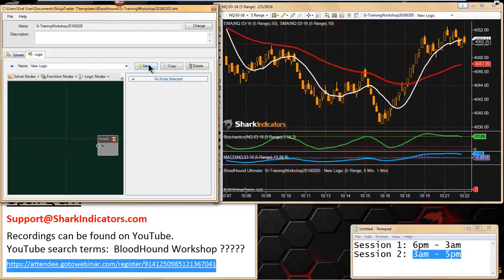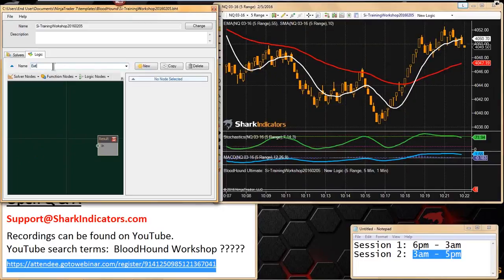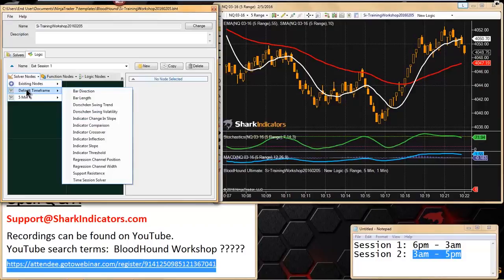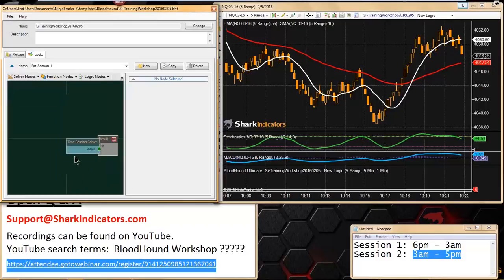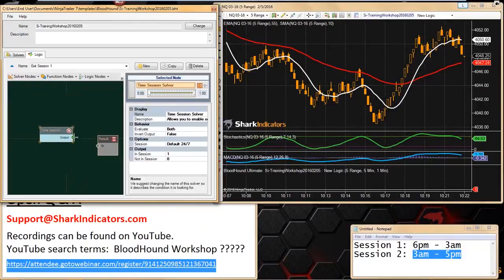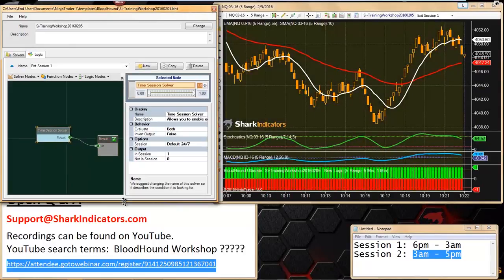Okay, so we'll create a new logic template here. I'm going to try and figure out how to exit session 1 here. All right, so I'm going to start with the time session solver, like so.